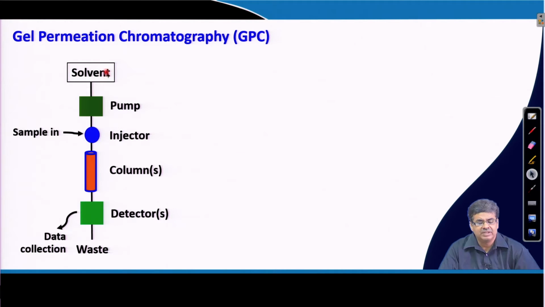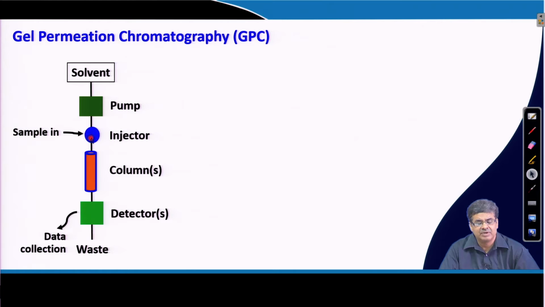This is a typical schematic diagram for a GPC instrument. We have solvent at the beginning, and there is a pump which pumps the solvent in a steady flow. There is an injector after that, which could be a manual injector or an auto injector, which injects a dilute polymer solution into the system.